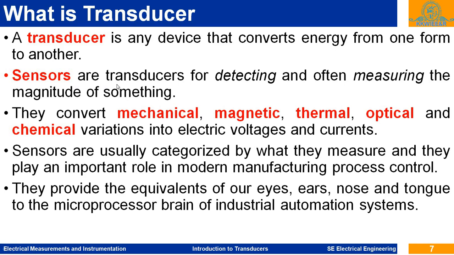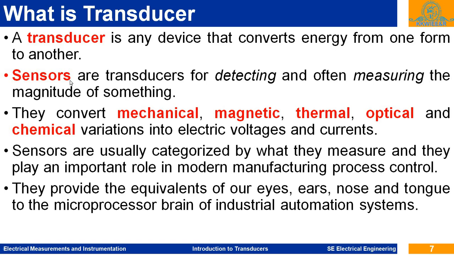Next is a sensor. Sensors are transducers for detecting and often measuring the magnitude of something. So here we are measuring the temperature. A thermocouple is a device, called a sensor, which senses the temperature. It is fed to the signal conditioning device, and the output of the sensor is converted into electrical parameters, either voltage or current.